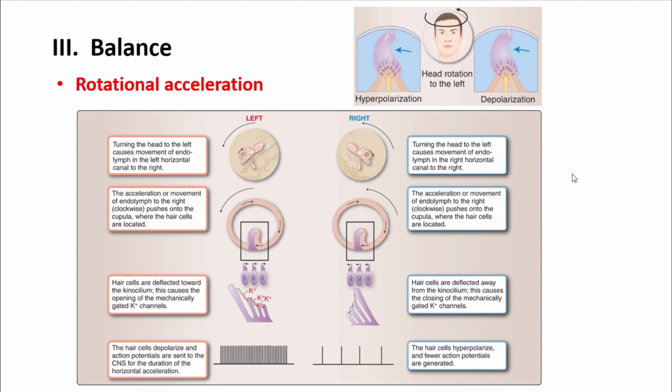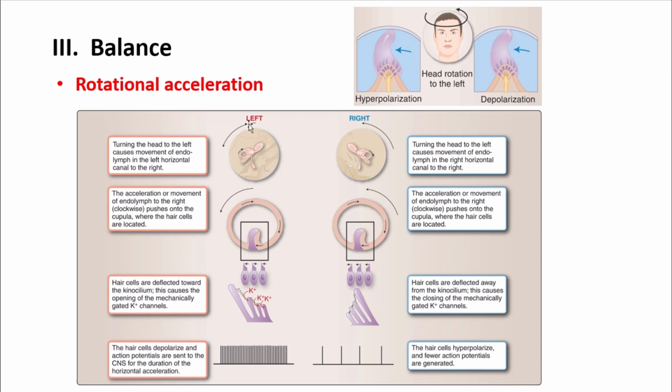If somebody moves their head in different directions, three different planes of directions, here is an example of that. If somebody is moving from right to left, then you have changes that you can see in the semicircular canals here.